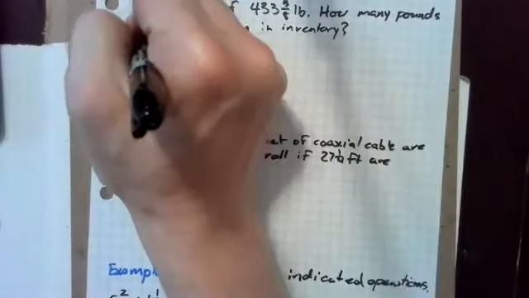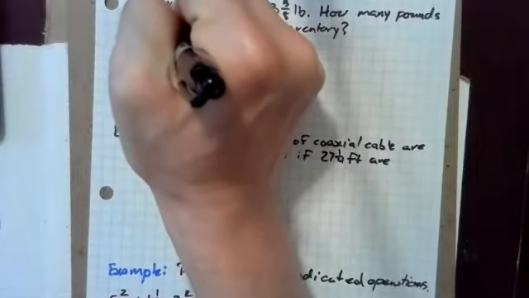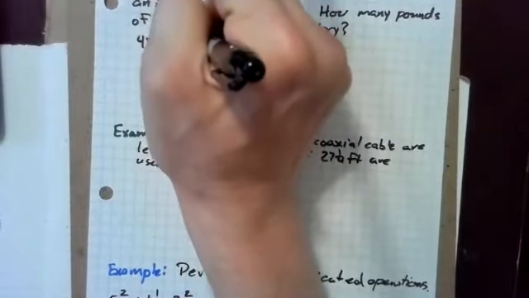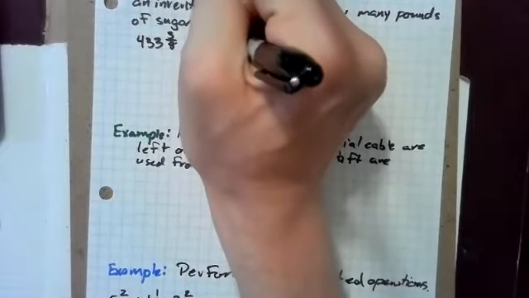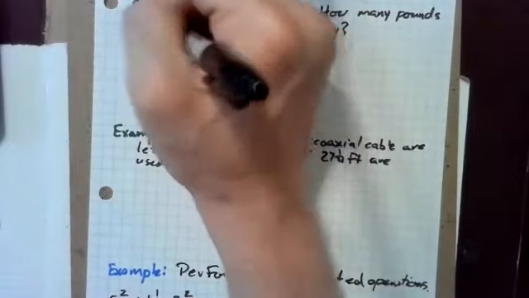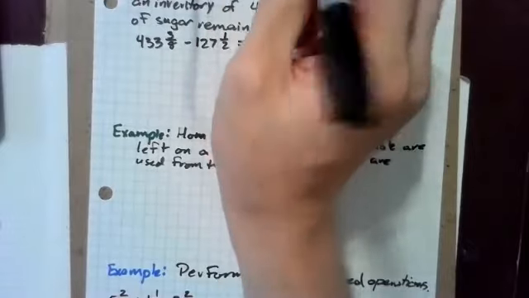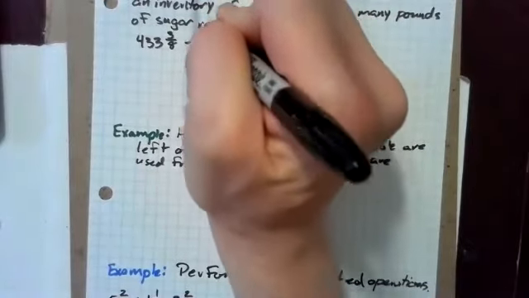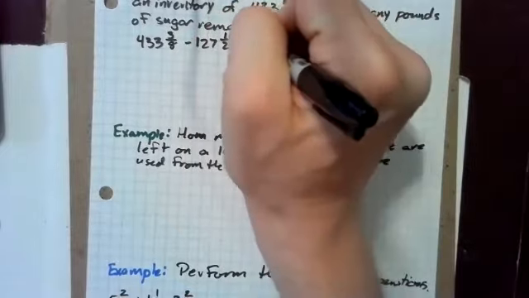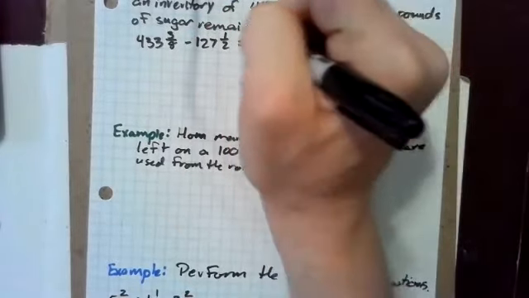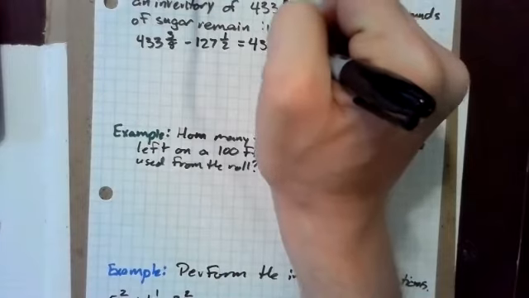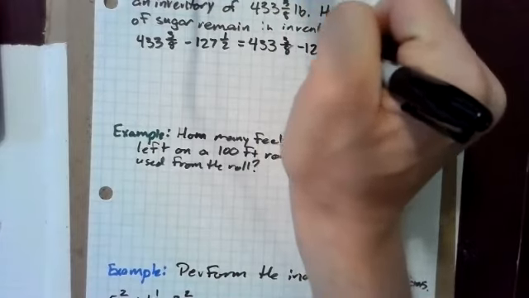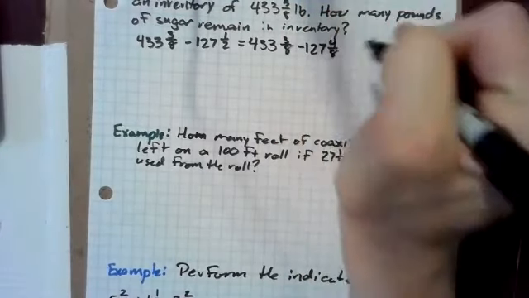So if we take 433 and 3/8, whichever, minus 127 and a half, we need to change our 3/8 and our half to the same terms. That means we want the lowest common denominator, which is 8. So this is 433 and 3/8 minus 127 and 4/8.